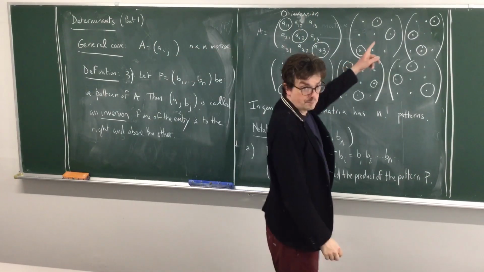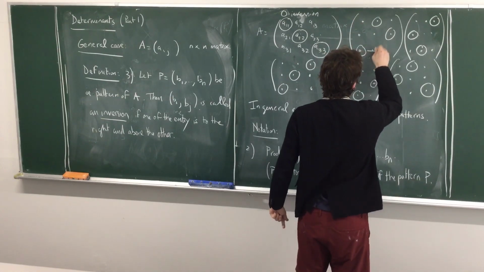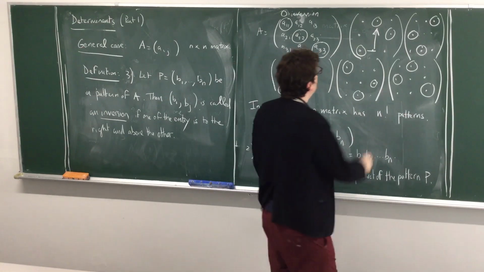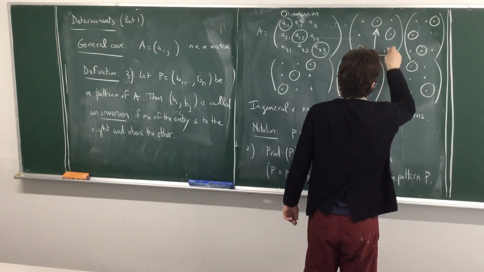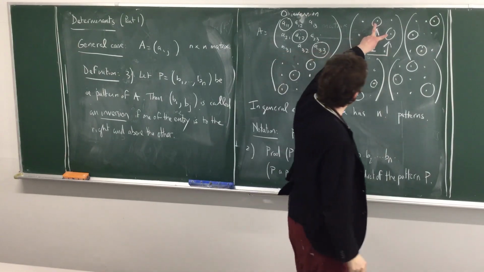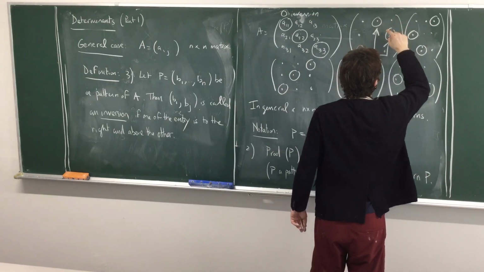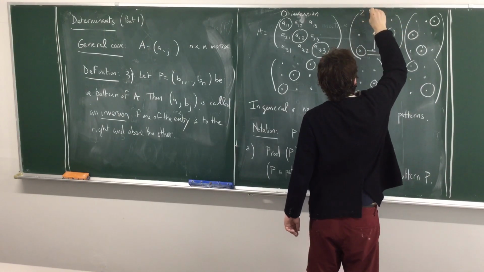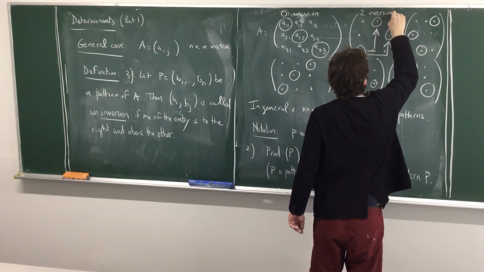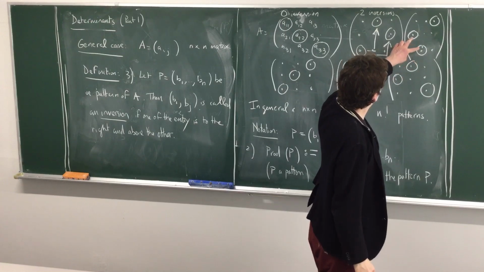Now let's have a look here. First 2, right and above. This is one inversion. Here, right and above. This is a second inversion. Now what about this pair? Well, it's right and below, so it's not an inversion. The total number is 2 inversions. Okay, let's do this one.